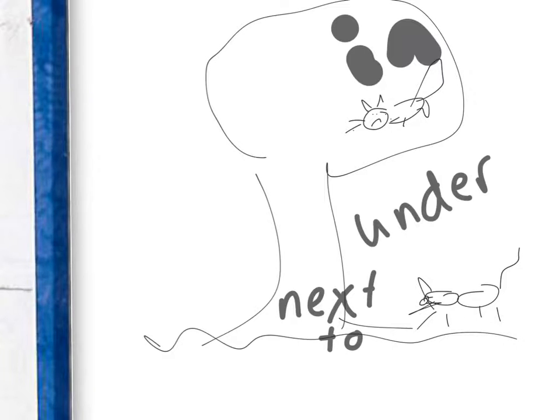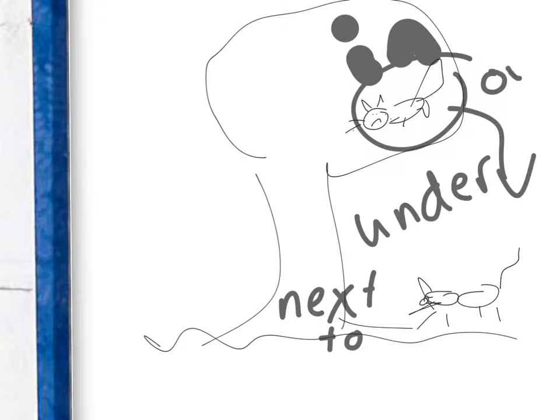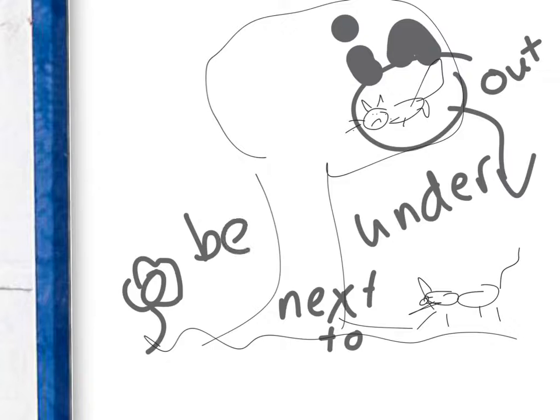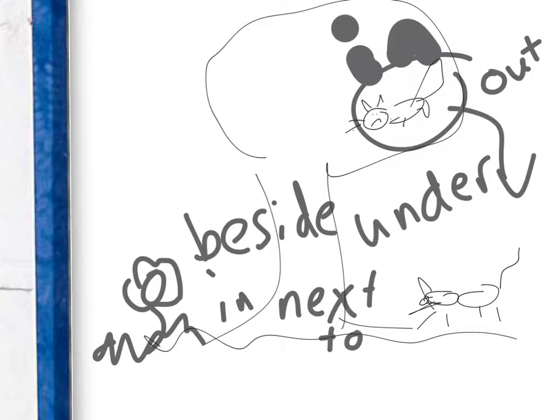What else can I do? Okay, beside, in, on, let's say the cat falls down. The cat is out of the tree. So those are position words. Let's say there's a flower here. Okay, the flower is beside the tree. The flower is in the grass. So all of these words are prepositions.